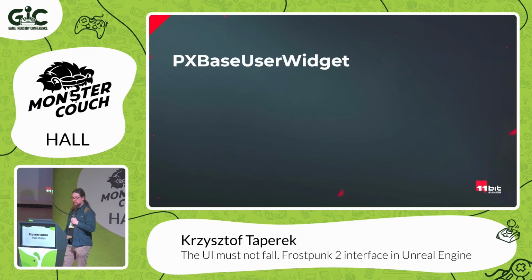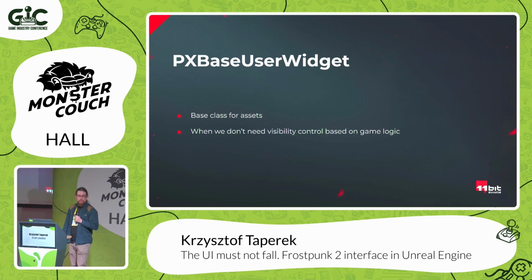Okay, so let's move to the last important building block for the UI. We also have the base user widget. So when we are using panels, when we are using just user widgets, this is the base class for when you don't need to steer the visibility manually from the logic. So if you just want to create some reusable piece of widget, you are creating a base user widget.